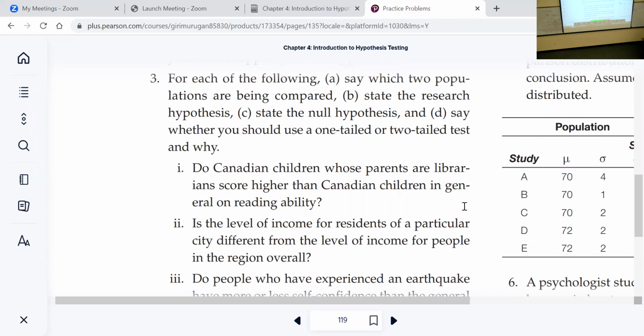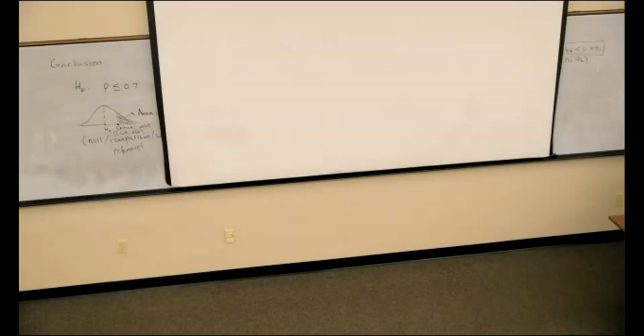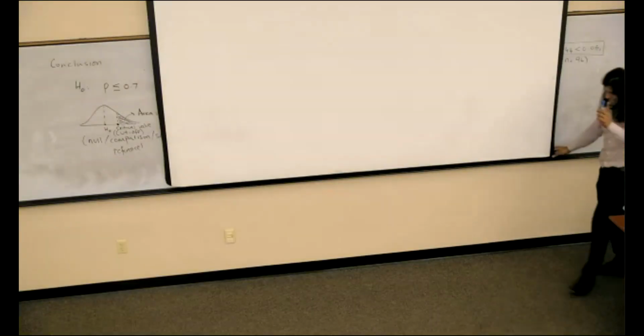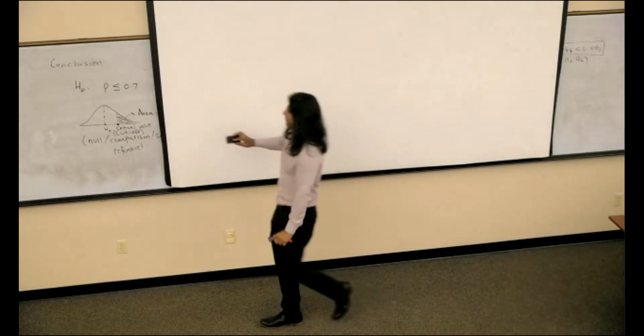Part C and D are related. So give it a second, think about it, and I'll start writing. So we want the research hypothesis. First, we have 2 populations.